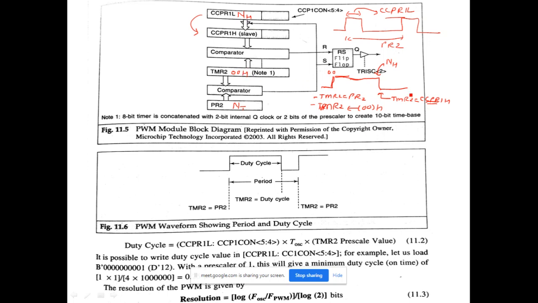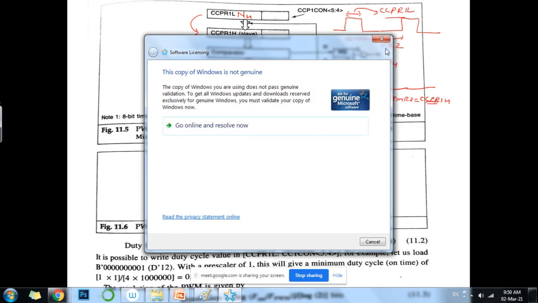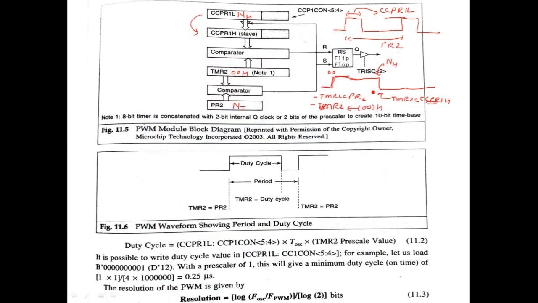Now after some time, this timer count will become equal to the PR2 register. So at this instant, when this count becomes equal to NT, what we have already discussed will occur.